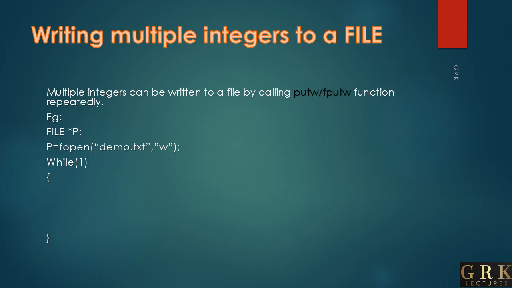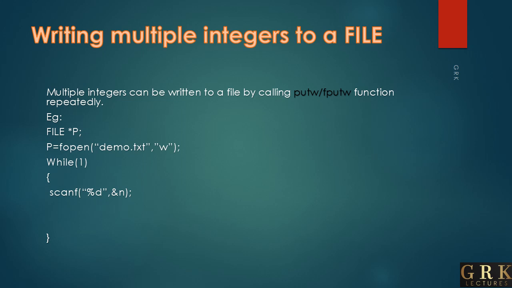In that loop, first I am reading one integer value from the keyboard using the scanf function, and the entered value is stored in the variable n. This n value read from the keyboard should be written to the file.